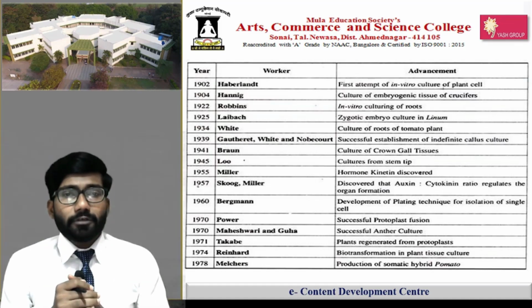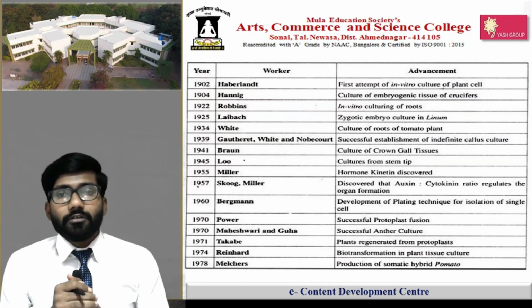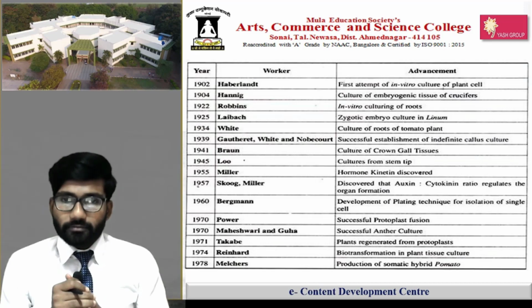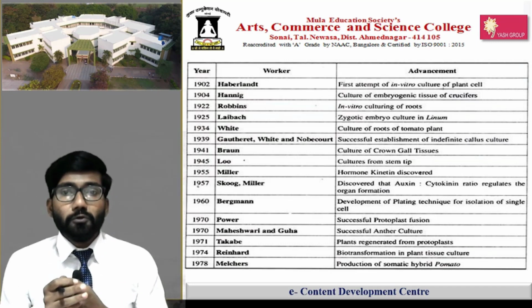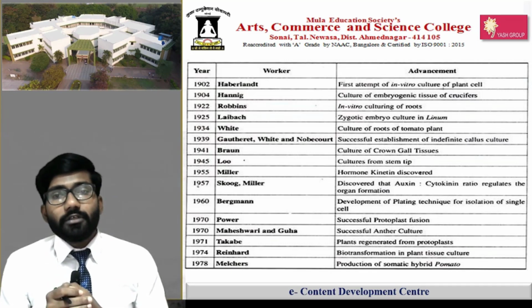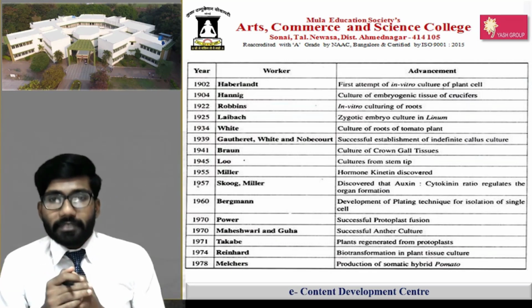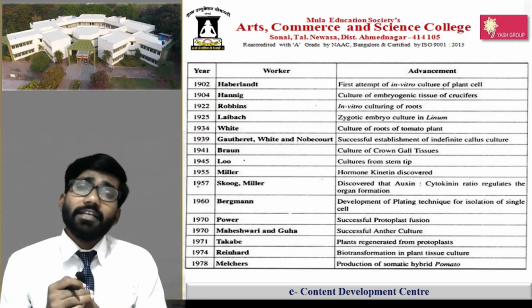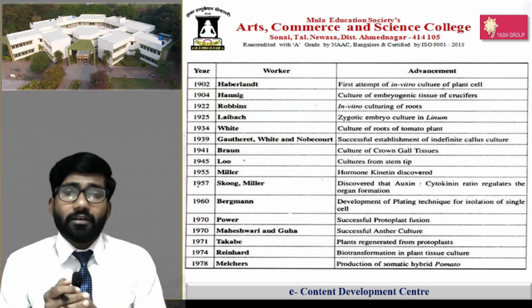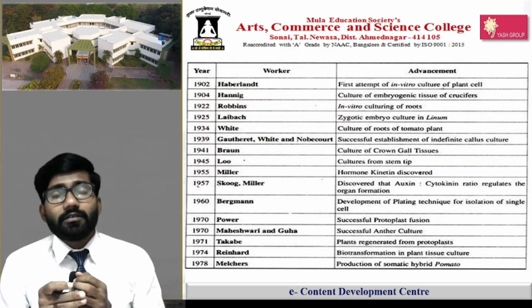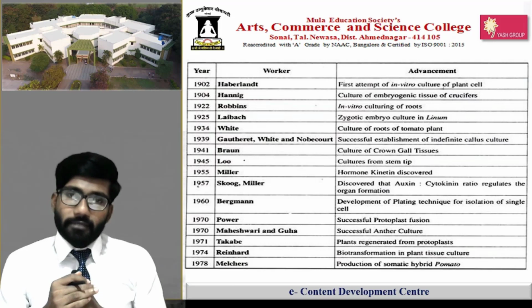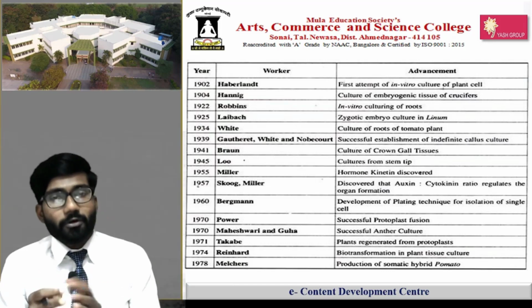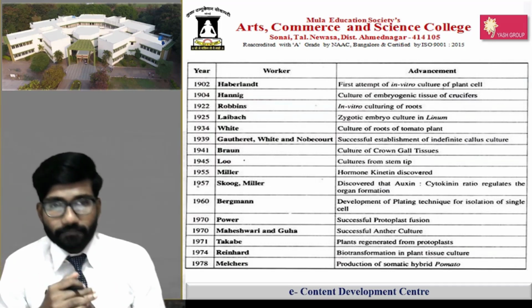In 1941, Braun cultured crown gall tissues. In 1945, Loo cultured from stem tips. In 1957, Skoog and Miller discovered that the auxin to cytokinin ratio regulates organ formation, that means root formation as well as shoot formation.